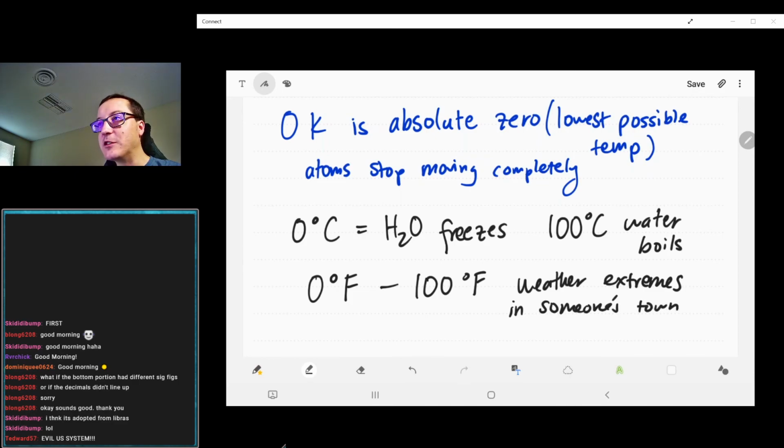Wherever Fahrenheit originated from. 0 Fahrenheit was the coldest it would get, and 100 Fahrenheit was the hottest it would get. And so there you go, there's your new temperature scale. It was just very convenient for them. Technically both of the scales are arbitrary, but at least the Celsius one is something that you can do all over the world, and it is reproducible. Whereas just basing it on, this is the coldest it is, it's 0.